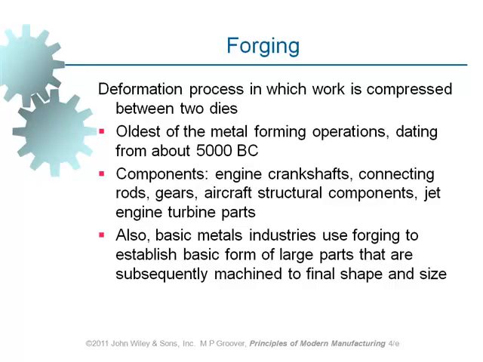So this is one of the oldest metalworking processes known to us, and in old days it was used to make weapons, swords for example. They were made by making use of the forging process.